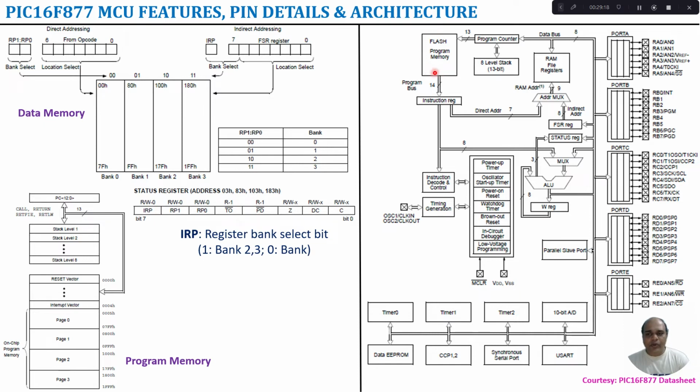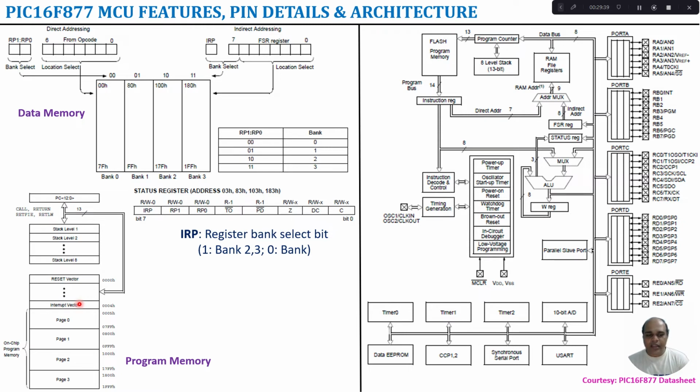This program memory is divided into pages of 2K. So I have 4 pages, page 0, page 1, page 2, page 3. Each page is going to be of 2K size. In page 0, the first few locations are dedicated for the vector table.